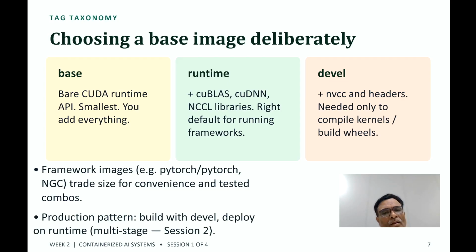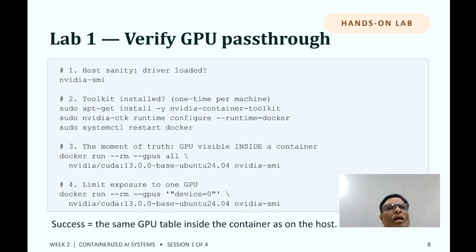The basic idea here is the way production environment software is developed: you build with develop, and then deploy on the runtime, right? So this is how it is to be understood, and we will try to discuss this in session 2 when we talk about the multi-stage stuff, okay, of working with Docker images.